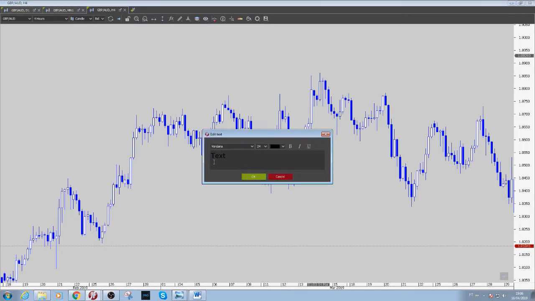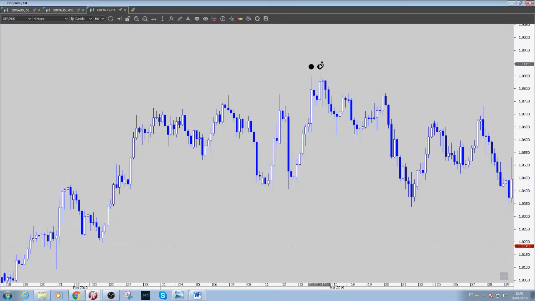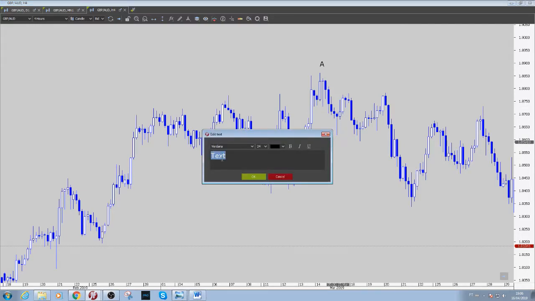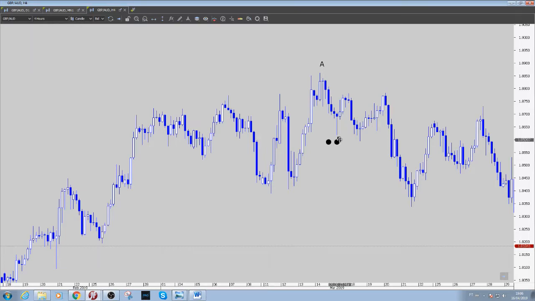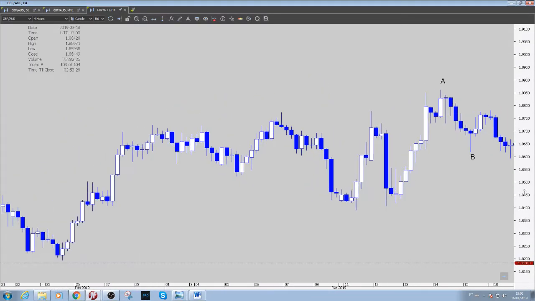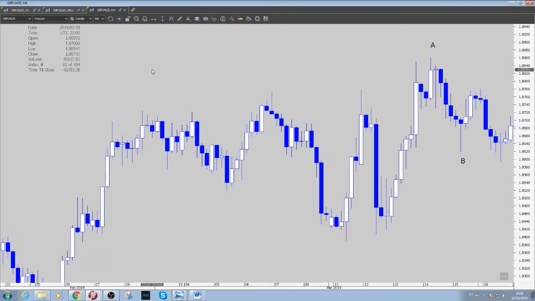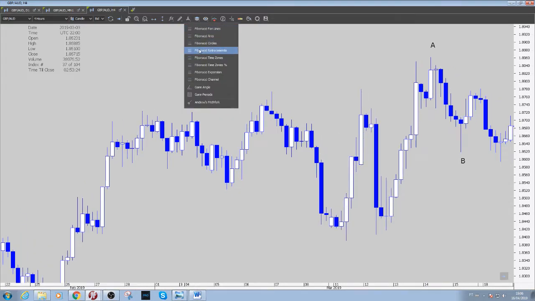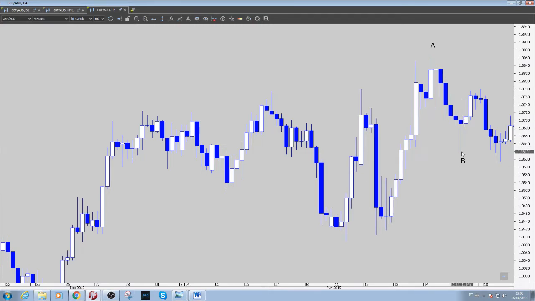So this up in here is going to be our A. The B is the first low as soon as possible. A, B. There you go. Everybody, this is A, B. This is the original one on the GBP AUD 4-hour chart.